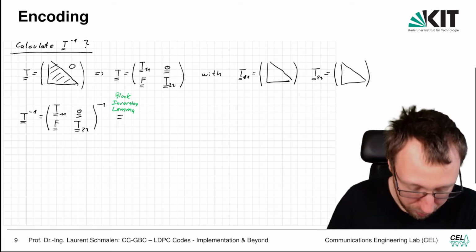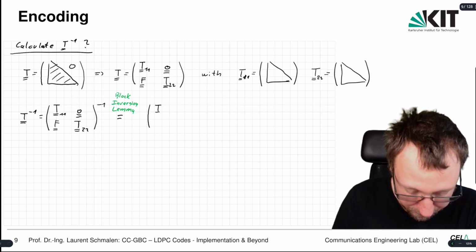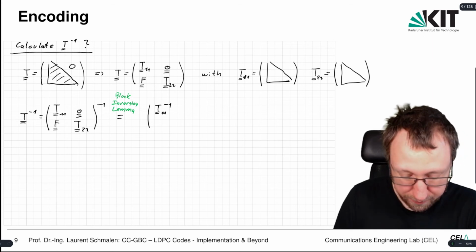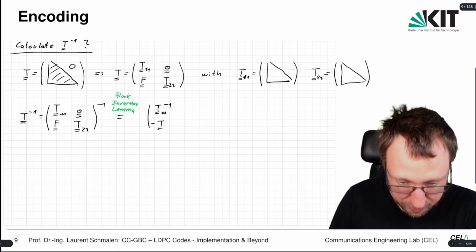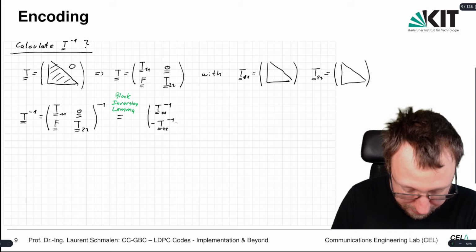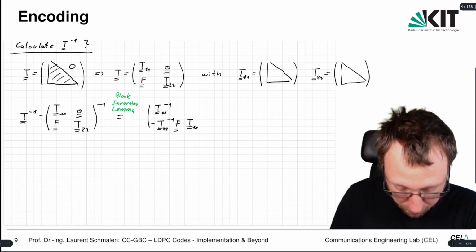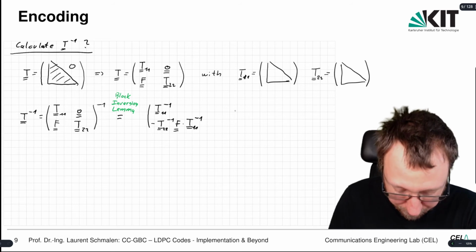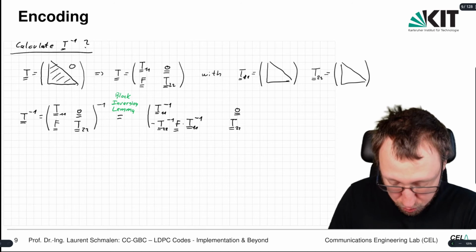What you end up with is the following: T11 inverse, minus T22 inverse times F times T11 inverse, a 0 over here, and a T22 inverse.